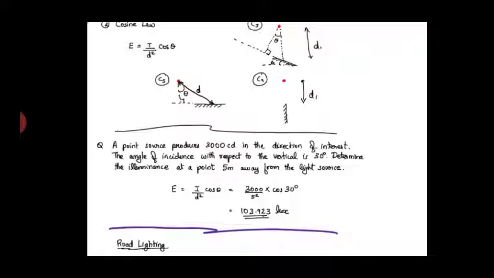E is equal to the illuminance, and I is already given, 3000 candela, and theta is given as 30 degrees, and the distance is 5 meters from the light source. So we just see this one.